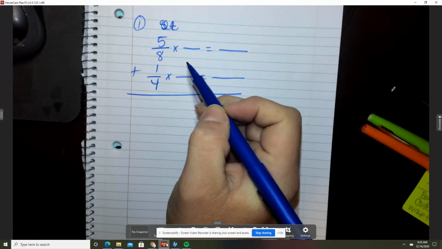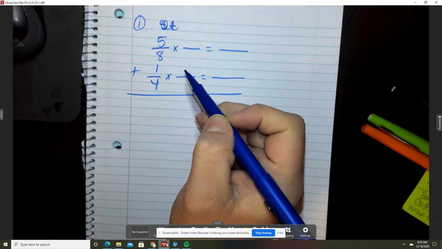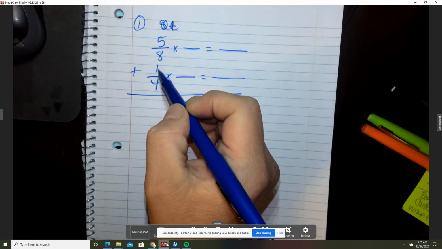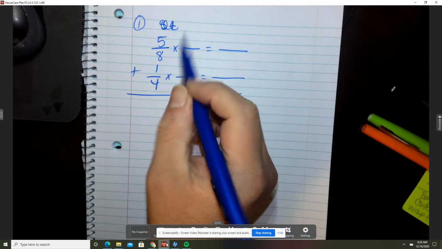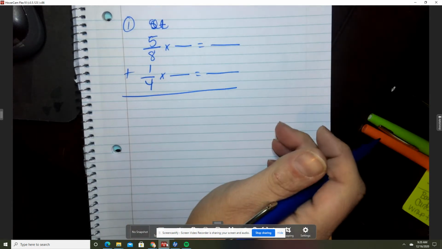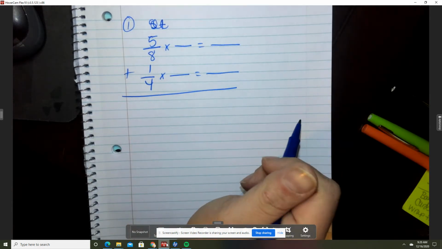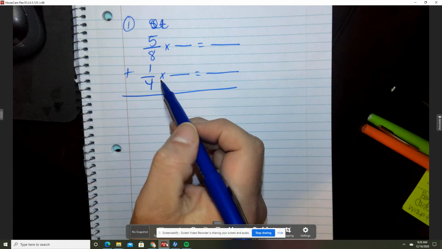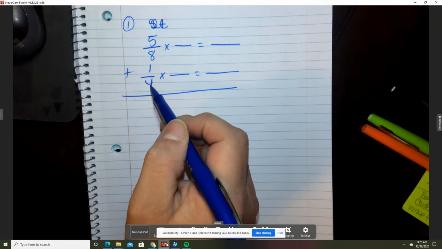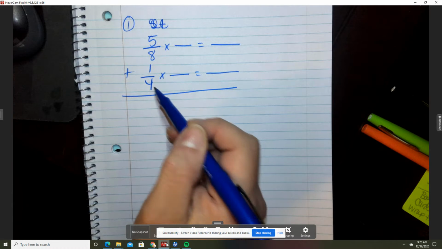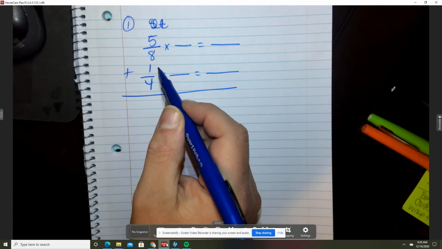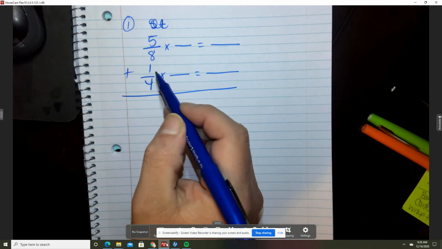We said on Tuesday that there are 2 rules with adding and subtracting fractions that have unlike denominators. One of the rules is to look: can the smallest number go into the biggest number? So can 4 go into 8? If it can go into it evenly, then yes, that 8 is going to be the denominator that you're going to use.